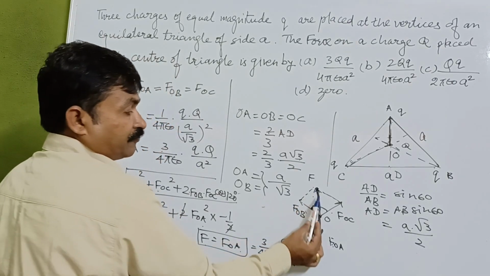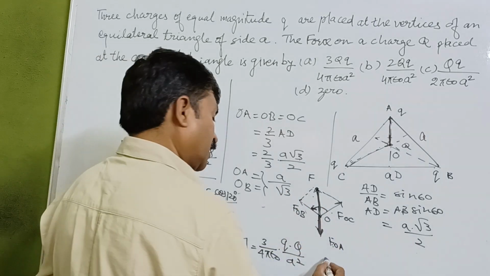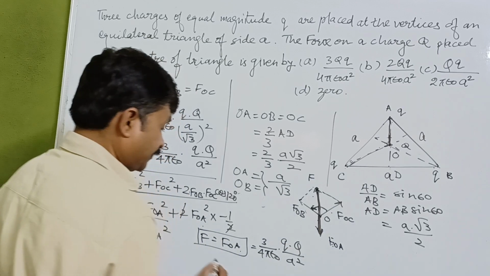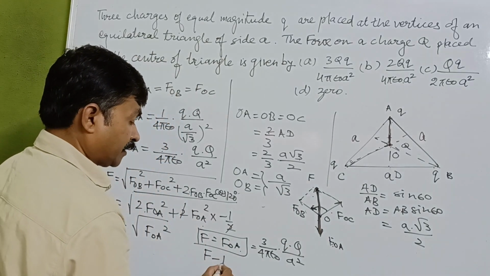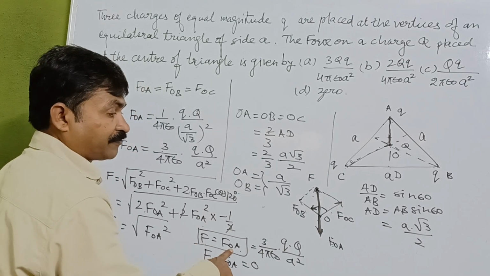Now the force is acting in the direction opposite to this force, so the resultant force will be equal to 0. F minus FOA is equal to 0, because F is equal to FOA.